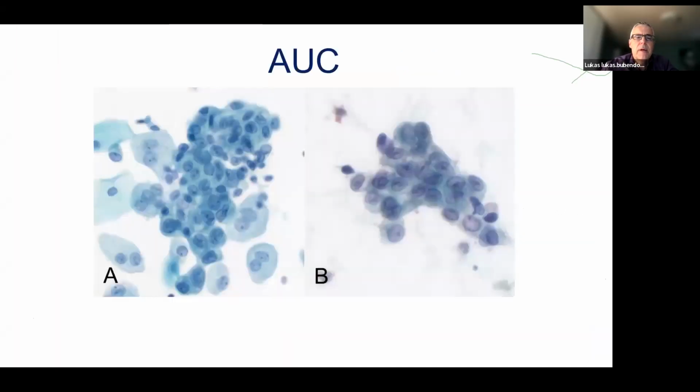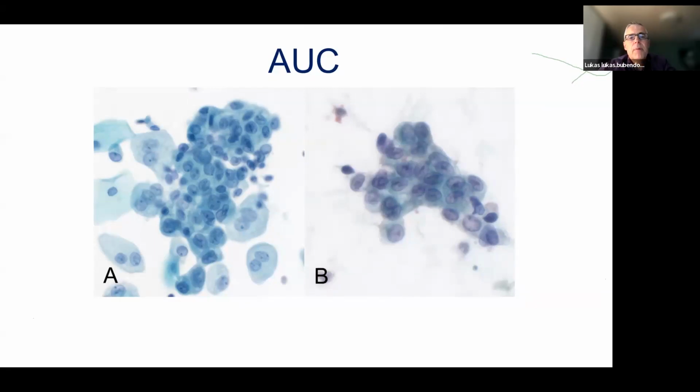I show you two more of those, on the left and on the right. You will probably agree they look very similar to each other. On the left you see some umbrella cells adjacent to those mildly atypical cells.